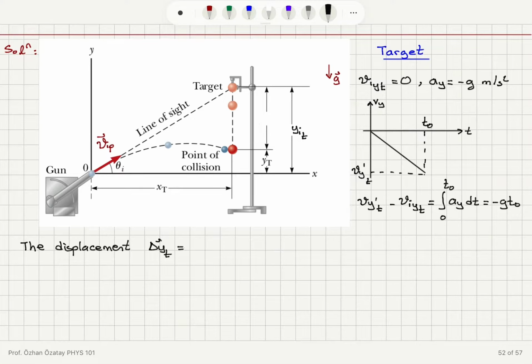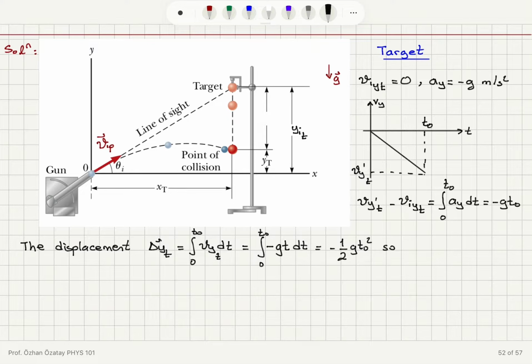It is the integral from 0 to t0 of Vy of the target dt. And how does the velocity of the target vary with time? Constant acceleration motion, minus g t dt, and I find that this is going to be minus 1/2 g t0 squared.